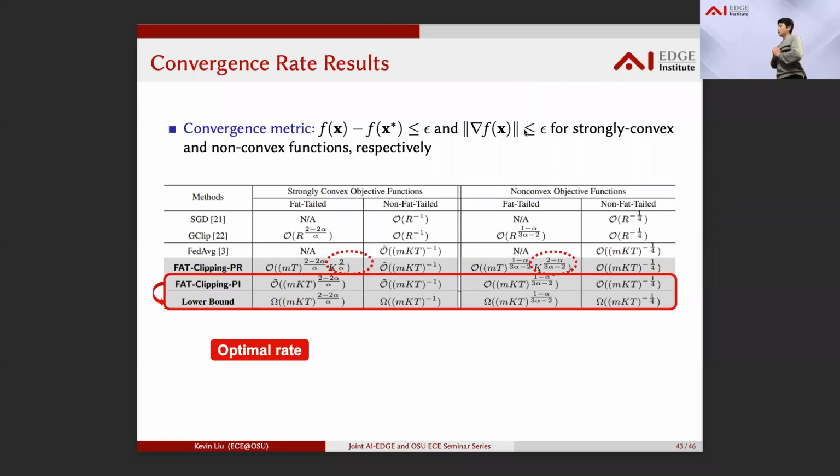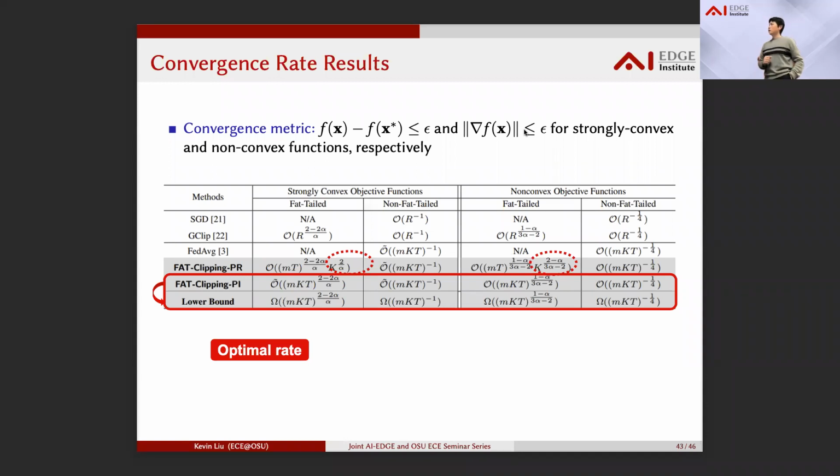The first observation is that for the PI version, everything inside the red box is lower-bound matching, under both strongly convex and non-convex cases. However, for the PR version, the convergence rate in terms of T is still tight, but the dependence on K, the number of local steps, is not tight.